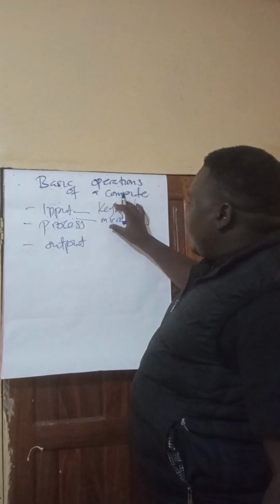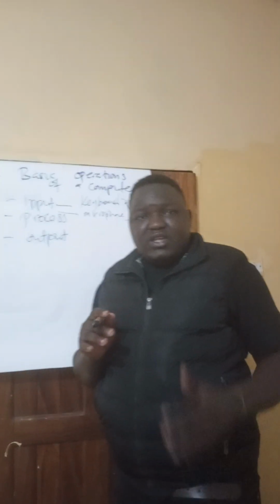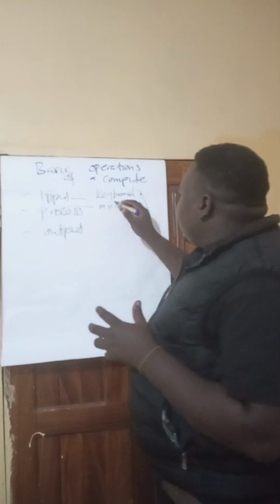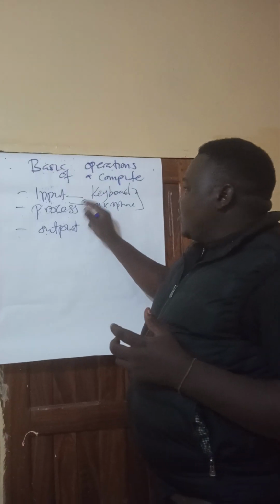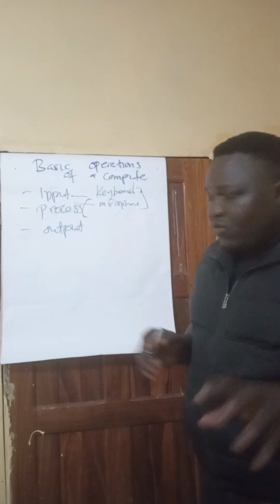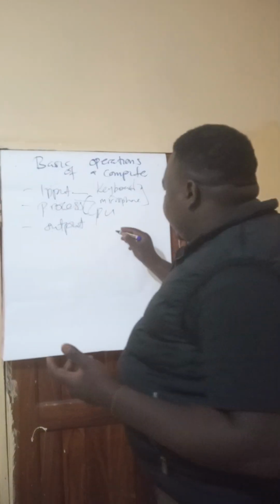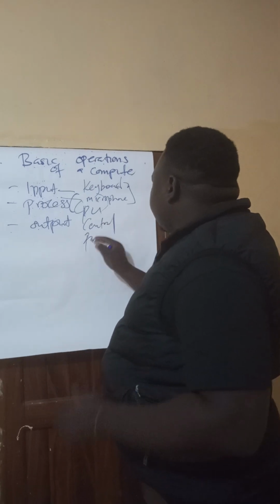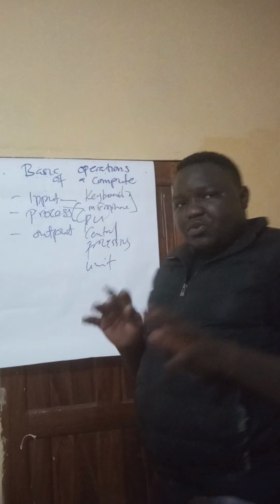Apart from the input devices, we go to the processing. Under processing, this is where the data which has been received through the input devices is processed. This is where we find the CPU, known as the Central Processing Unit.